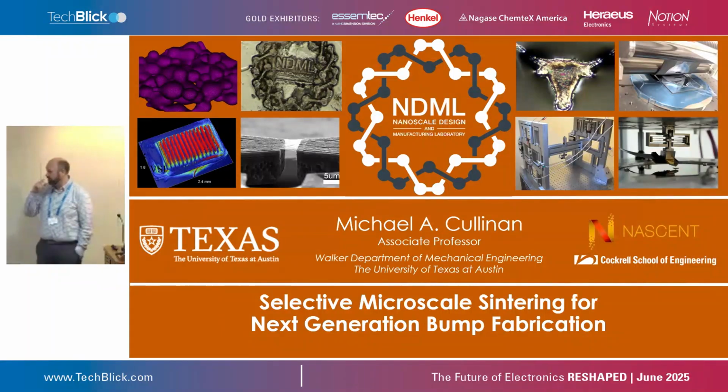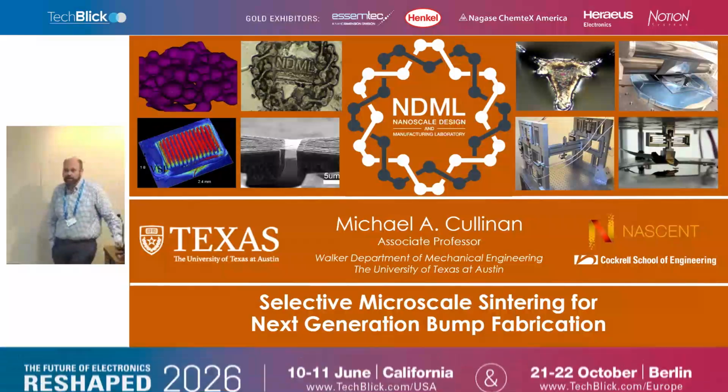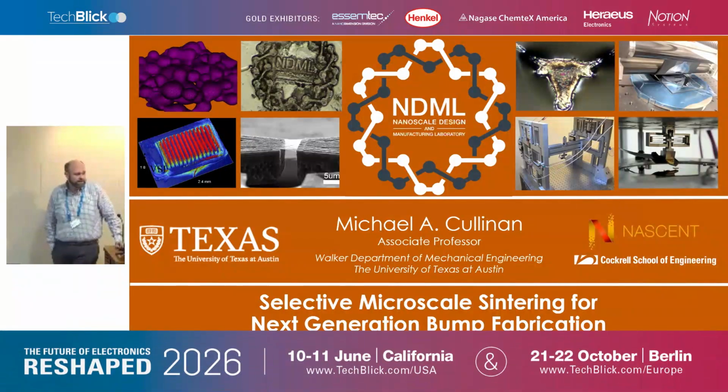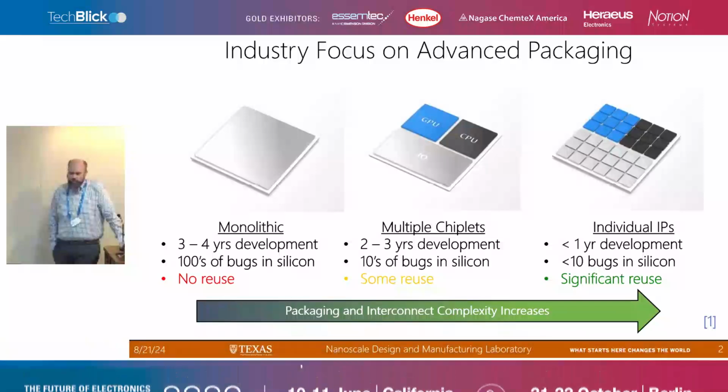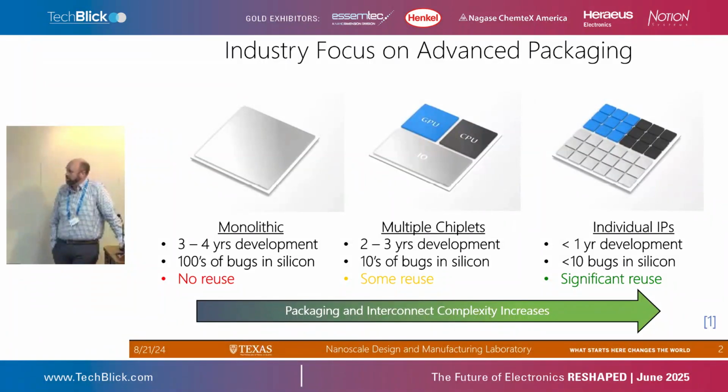I'll talk a little bit about some of the technology that we're developing on microscale selective layer sintering, mostly for 3D bump fabrication technologies. This has really been driven by the idea recently that we're moving away from large scale monolithic pieces of silicon to a chiplet economy where we have high mix, low volume applications.